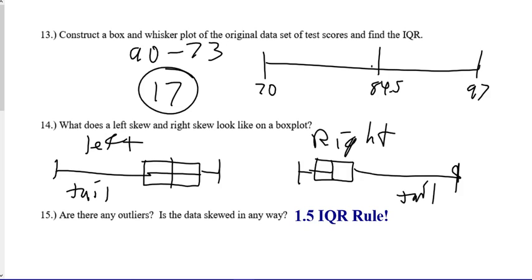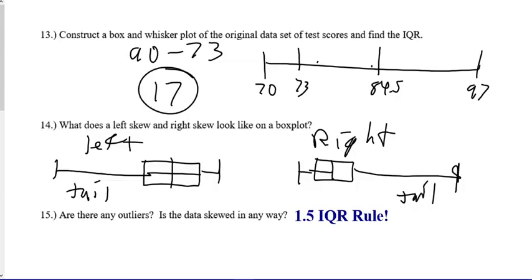But let's do that: 84.5 plus 70 divided by 2, and that's 77.25. So this is like 78 right there. So where's 73 going to be? About right here. I'm not going to measure, but you want to make it realistic. So there's 73.